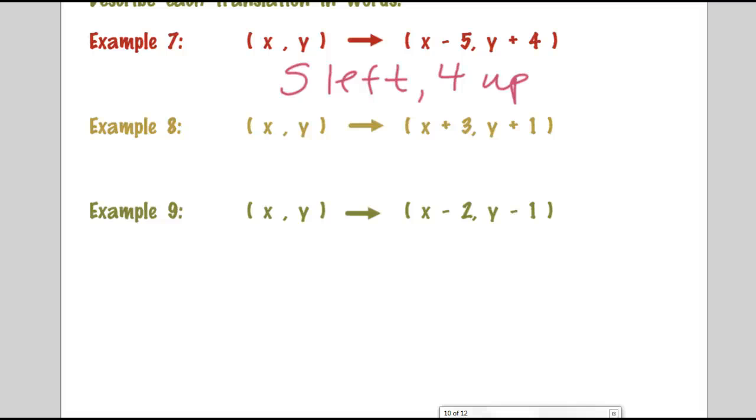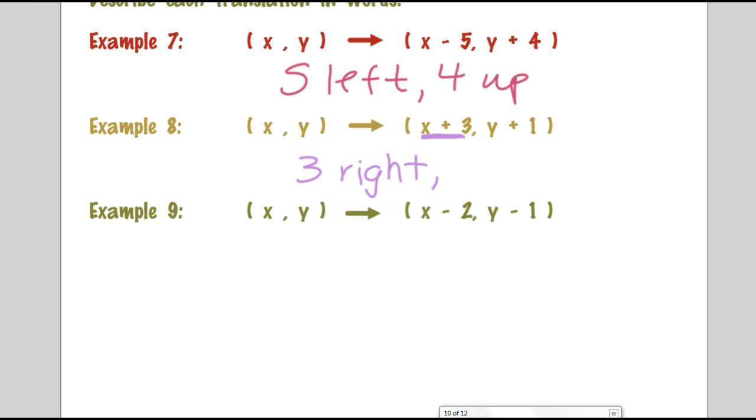Try that again. X is left, right, and Y is up, down. Elijah, what happens in example 8 in the gold one? What happens? 3 left. Not left, because it's positive 3. That's positive. Oh, right. 3 right.